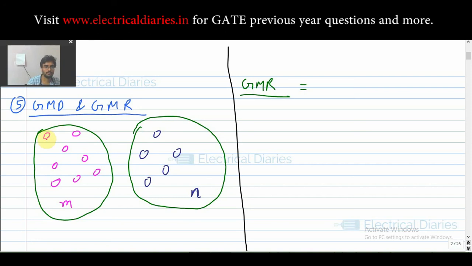In GMR, this is your conductor, let me label them A1, A2, A3, A4, A5 and so on, till AM, as there are M conductors. Let me say the distance between A1 and A2 is D1, A1 and A3 is D2, A1 and A4 is D4, and so on.